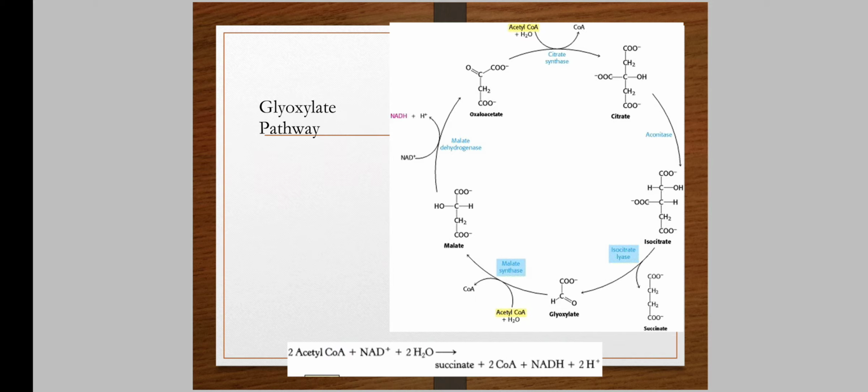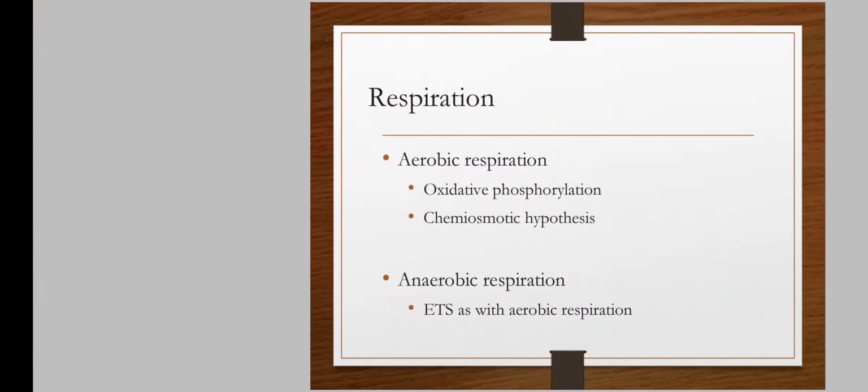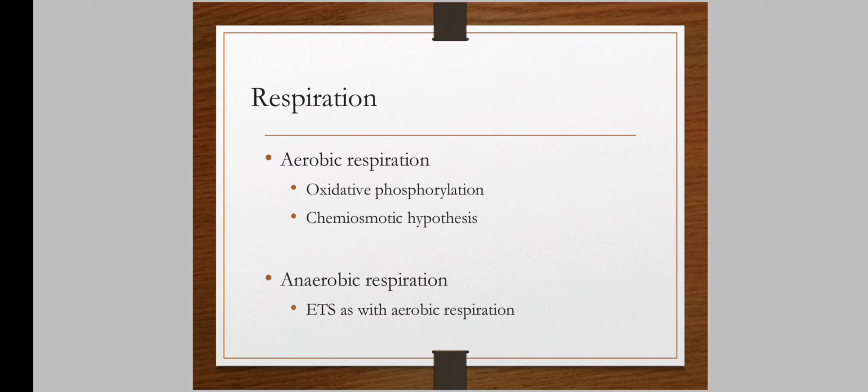So it's a different version of your citric acid cycle, and one of the key metabolites here is the glyoxylate. That's why it's called the glyoxylate pathway. Glyoxylate can be used as a starting material for other pathways, other metabolic processes.